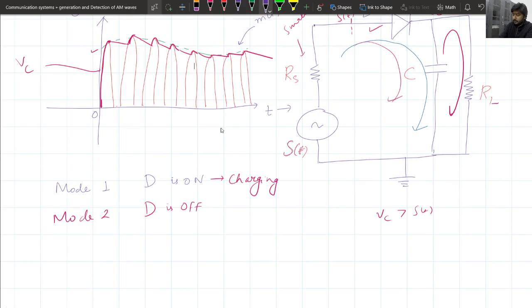Now you can see the curve, or the voltage across the capacitor, is roughly trying to trace the envelope.